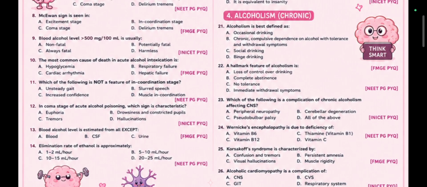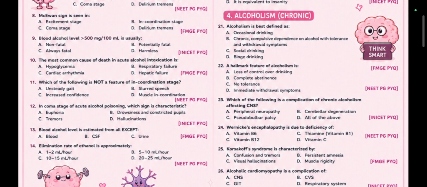A blood alcohol level greater than 500 mg per 100 ml is usually non-fatal, potentially fatal, always fatal, harmless. This is an important question. Many of you would be thinking option C is right, but option B is the right answer. It is potentially fatal. Now why is it not always fatal? Because in chronic alcoholic people, the body already gets adapted to the levels of alcohol.